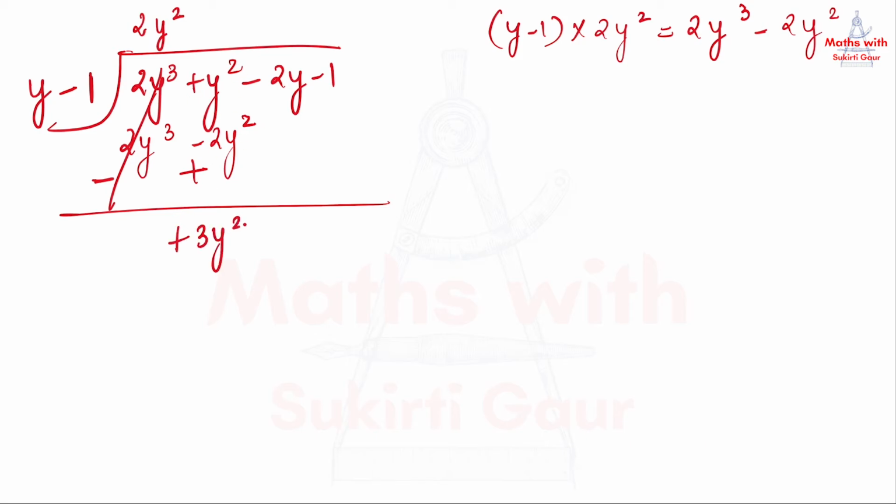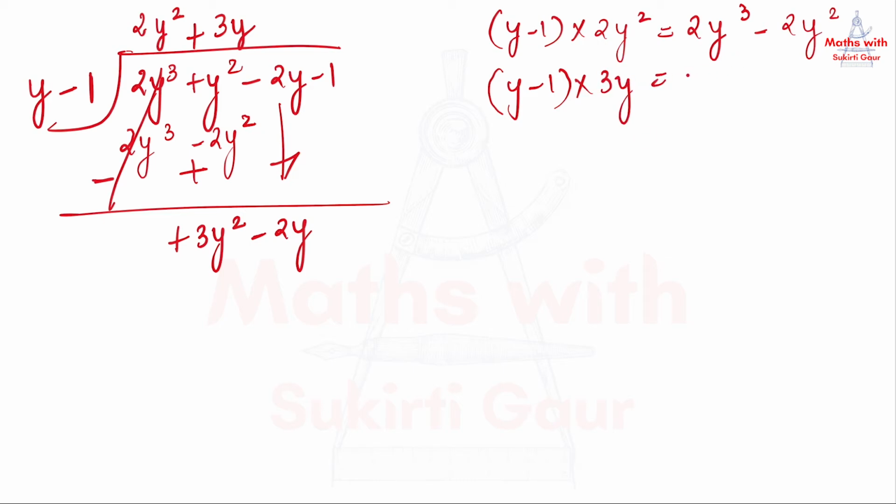Plus 3y square. Now this minus 2y comes here and we want 3y square at the first place. So I'm going to write 3y here, such that y minus 1 into 3y will give us 3y square. Condition is fulfilled and along with it we are getting minus 3y, right?